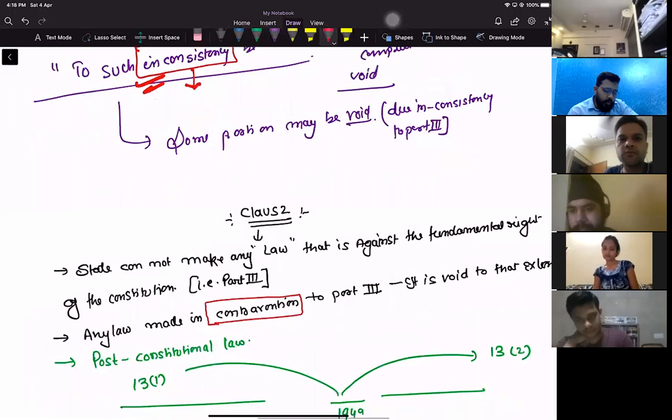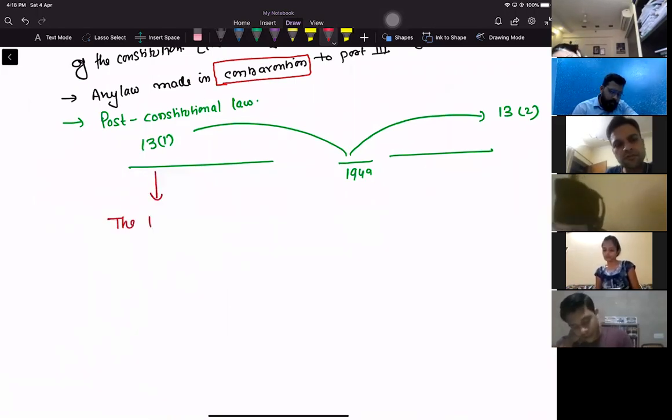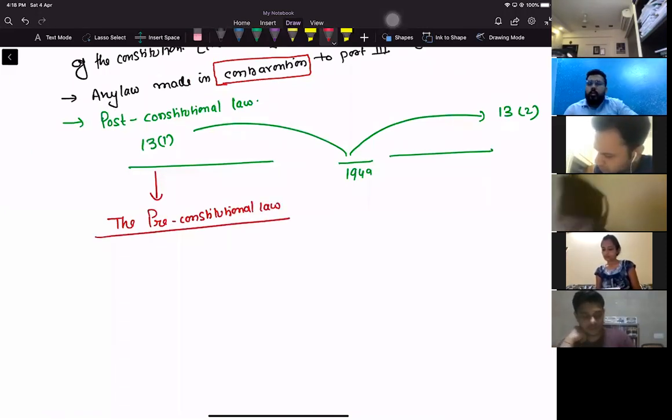So let us go into the first clause and try to bring out how these things are working. One thing is understood: it applies to pre-constitutional law. How does it apply to pre-constitutional law? Basically, what happened?